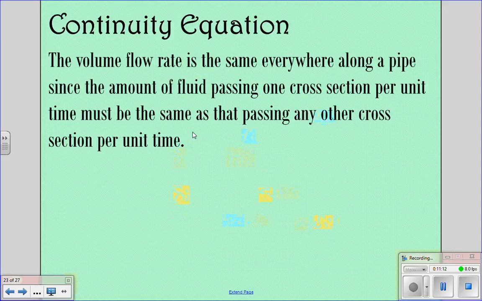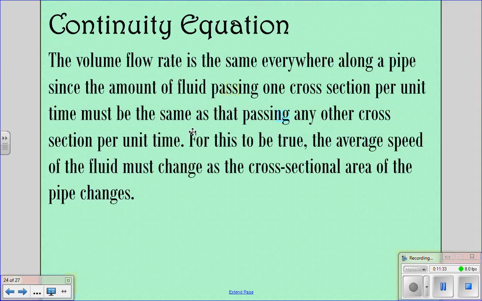Looking at the continuity equation, the volume flow rate is the same everywhere along a pipe, since the amount of fluid passing one cross section per unit time must be the same as that passing any other cross section per unit time. So for this to be true, the average speed of the fluid must change as the cross-sectional area of the pipe changes. So the flow rate is going to be the same.